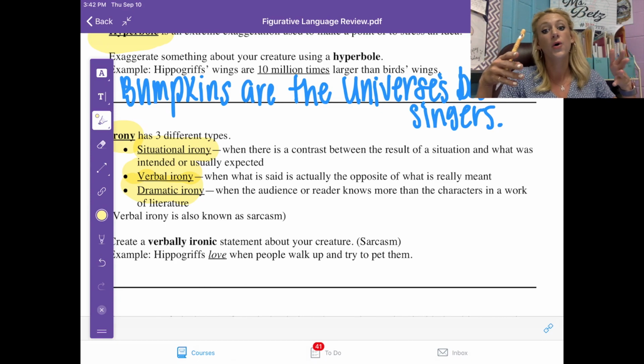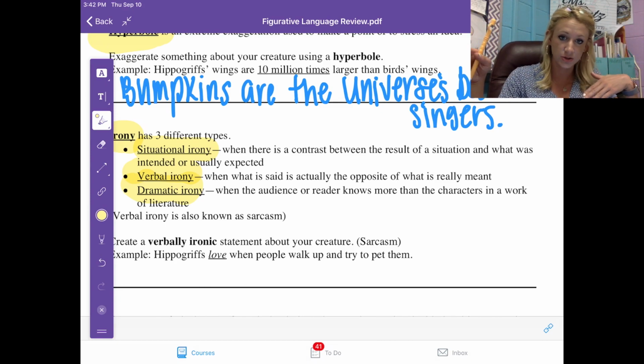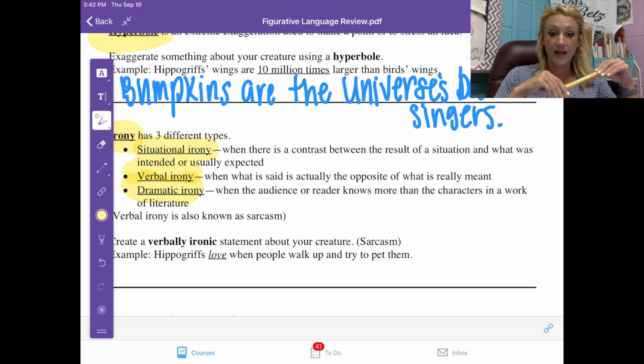You, the viewer, know what's going on when the characters don't. You know a piece of information that they don't know. We're going to see a lot of dramatic irony in literature this year. Oftentimes it's very frustrating for the reader and it creates an emotional response, because you want the characters to act a certain way based on the information that you know and they don't.